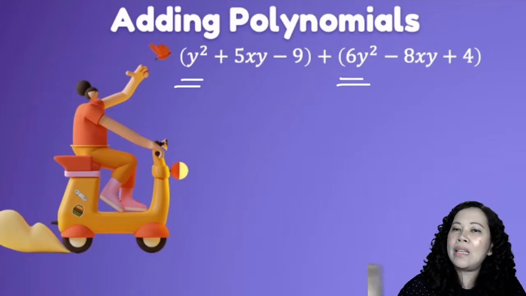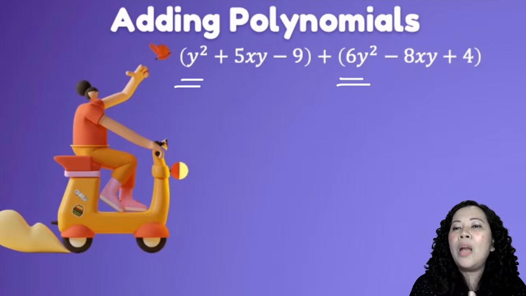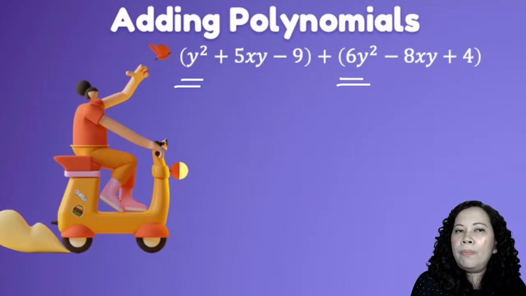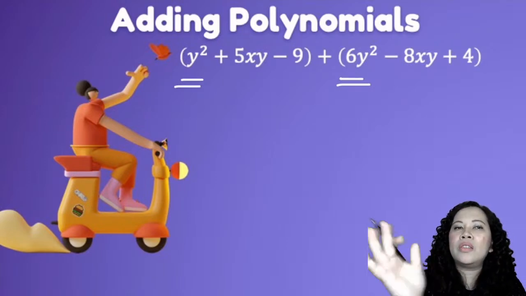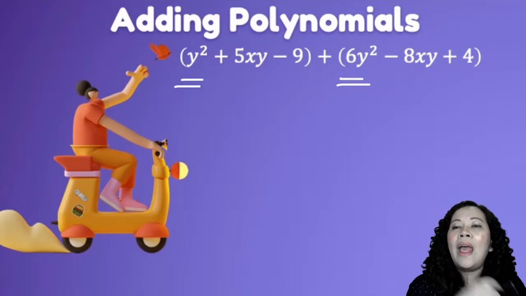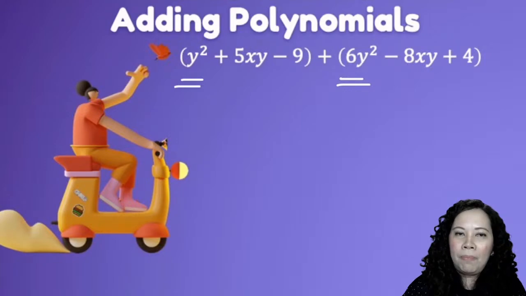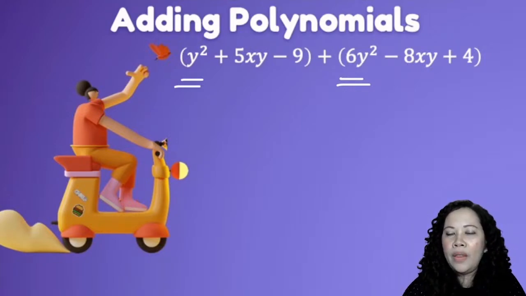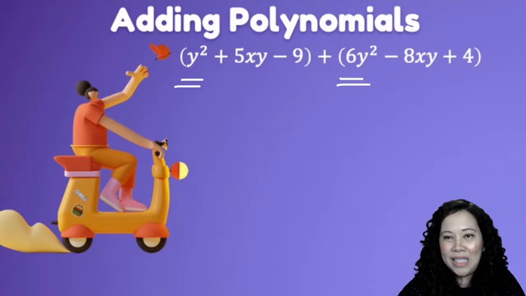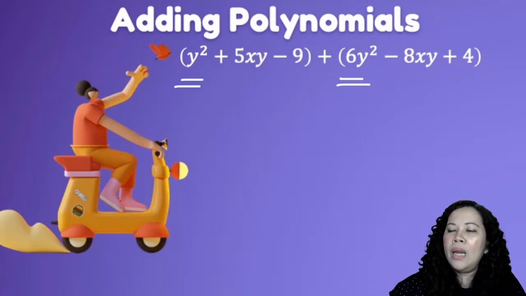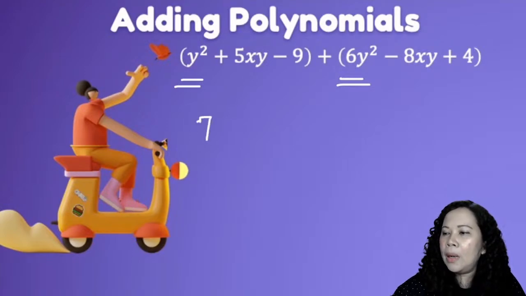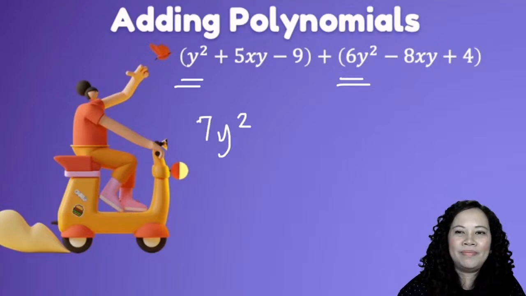As I've mentioned, if there is no number in a term, for example y squared, there is no number before y squared, that is understood to be 1. So y squared is a 1 added to your 6y squared. So 1 plus 6 will be 7. Copy y squared.